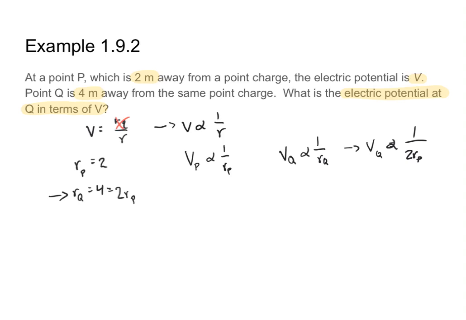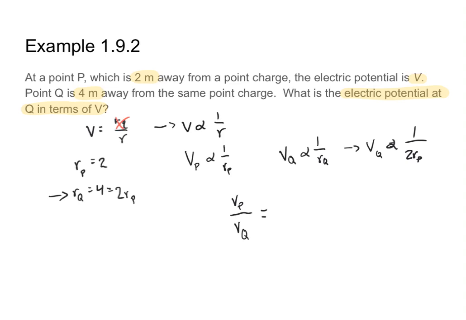So I'm going to take that ratio again. So VP over VQ is going to be equal to, and the reason I could put that equal sign in there is because we are dealing with ratios, so we can replace that proportionality sign here with an equal sign.